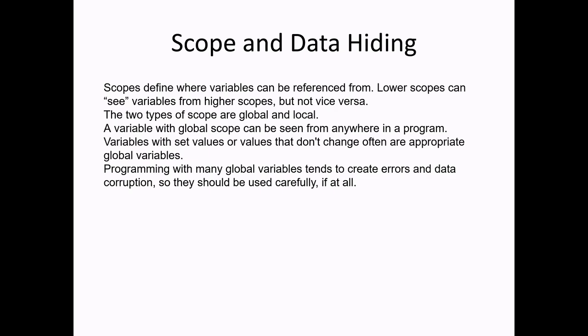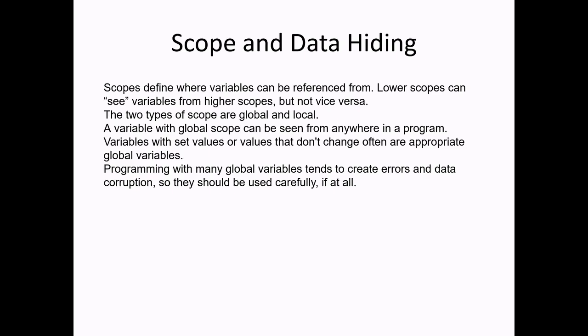Let me see if I can find a way to explain this. If you have a variable in the global scope, and even though you can't have code in the global scope, let's pretend that you did for a moment. If you had code, executable code, in the global scope, then it would not be able to see any variables that are inside functions or inside lower scopes.